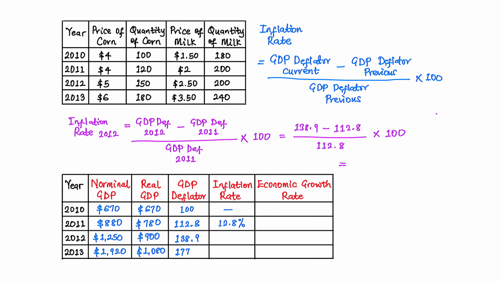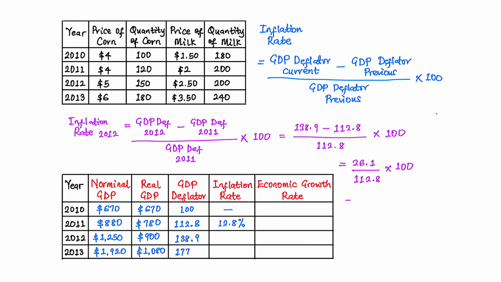So simplifying, we have equals 138.9 minus 112.8, that will give us 26.1 divided by 112.8 times 100.